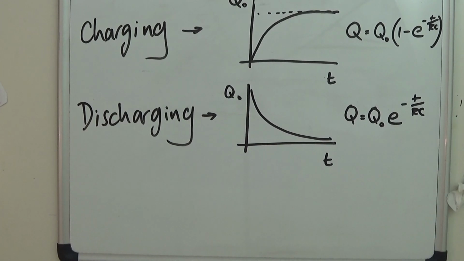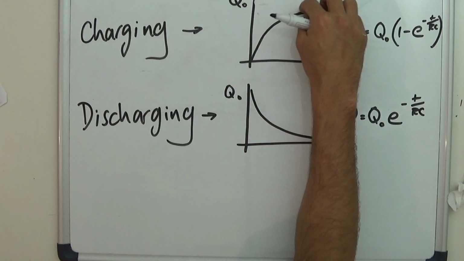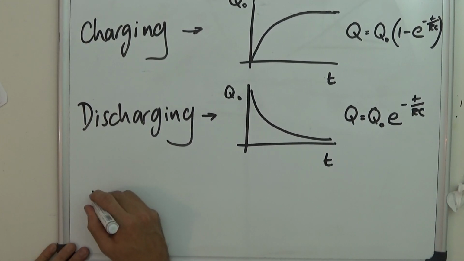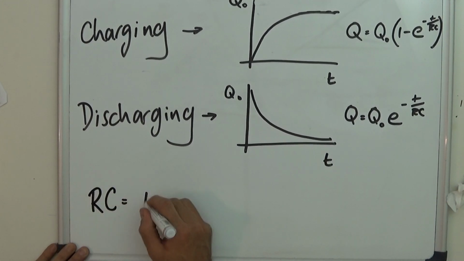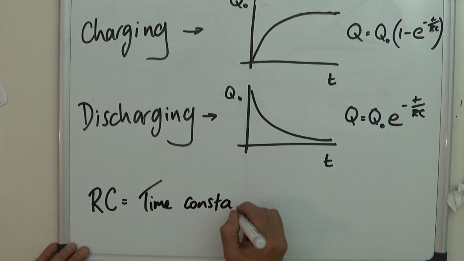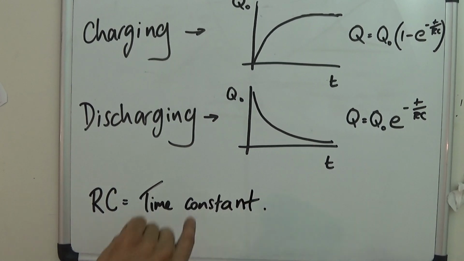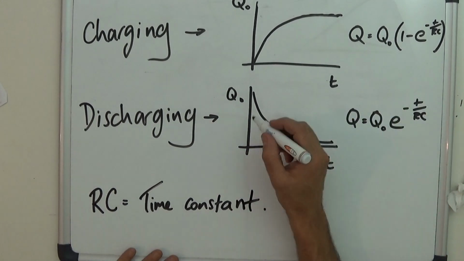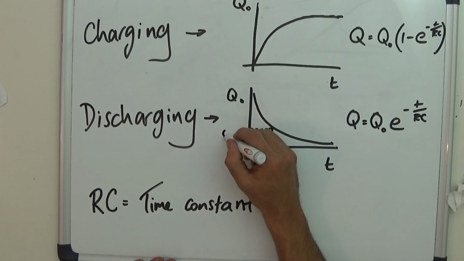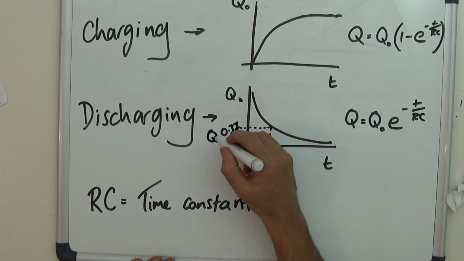What is important is that if you were to get a set of data and look at a graph like this, you want to know the significance of the time constant. Remember, the time constant, RC, is the time it takes in a discharging cycle for this to fall to 37%, or 0.37 times Q naught.